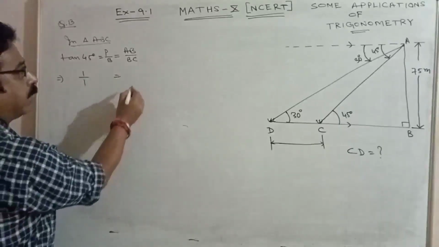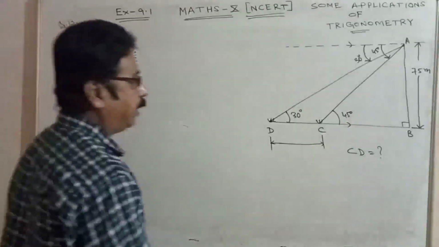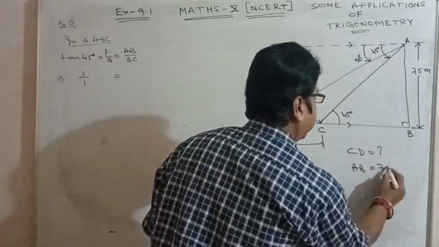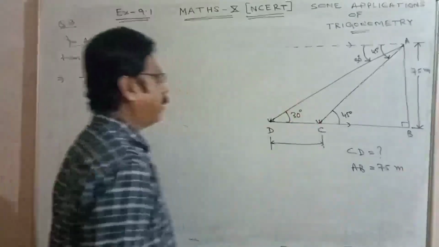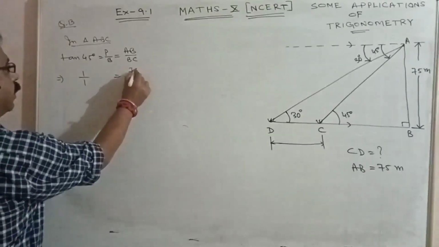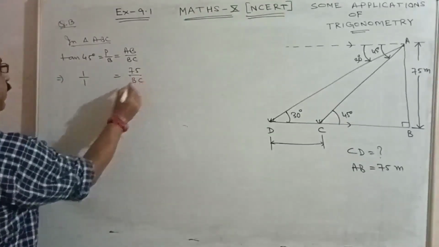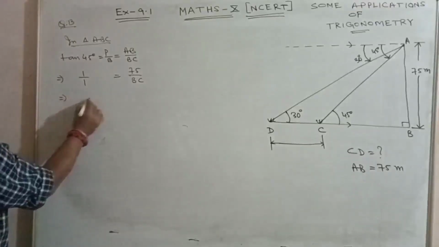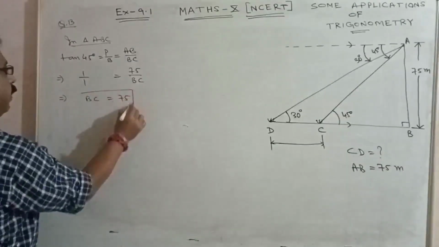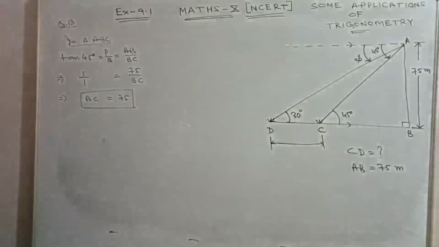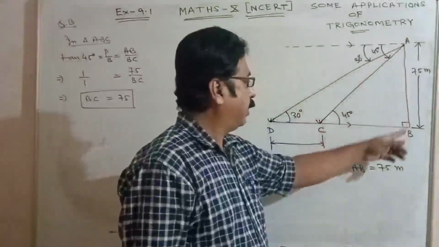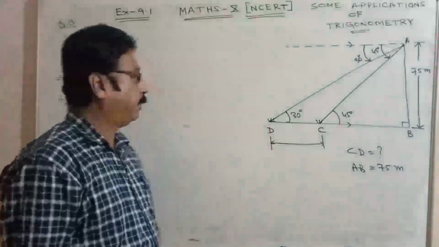AB is known. Here it is given AB 75 meter. 75 upon BC. That means BC is 75 meter. Next, let us take this triangle A, B, D.